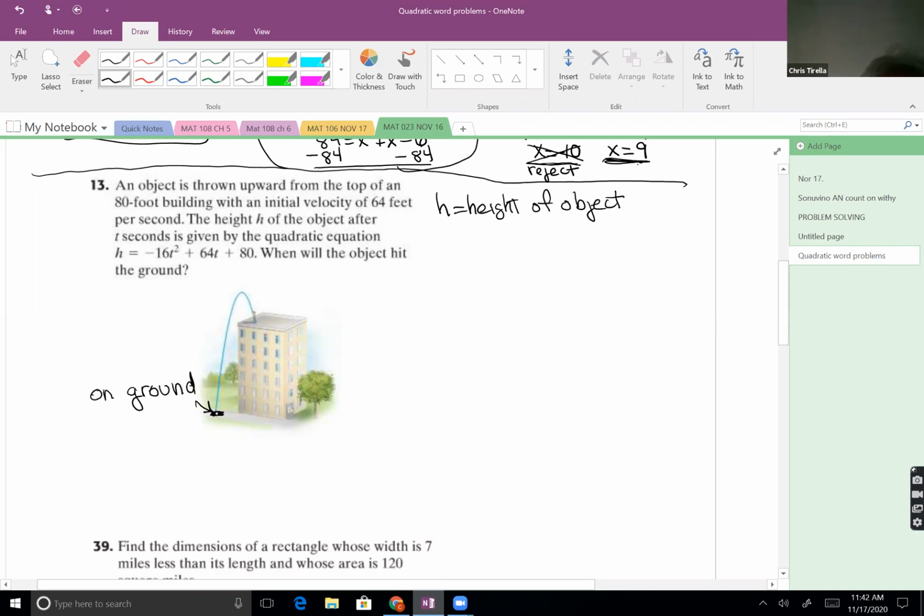When it hits the ground, how high is it? How high off the ground is it when it's on the ground? How many feet up in the air is it when it's on the ground?